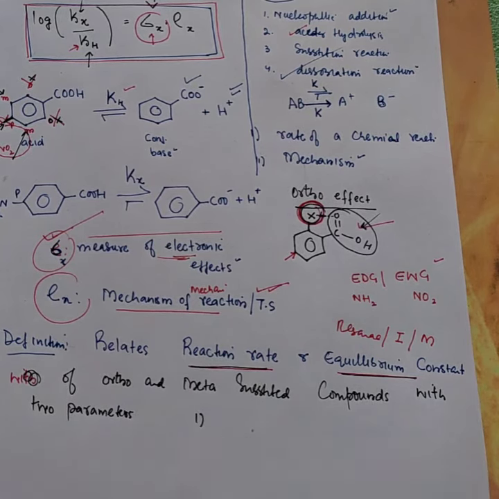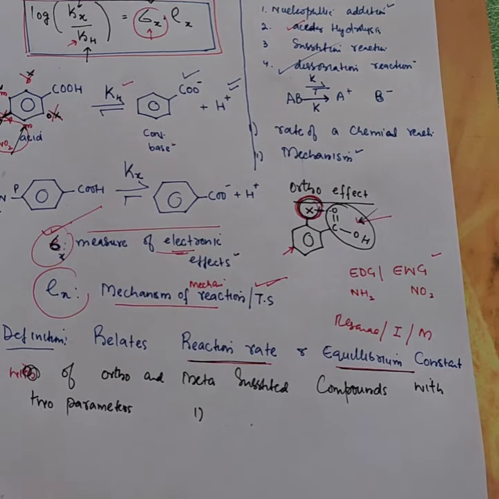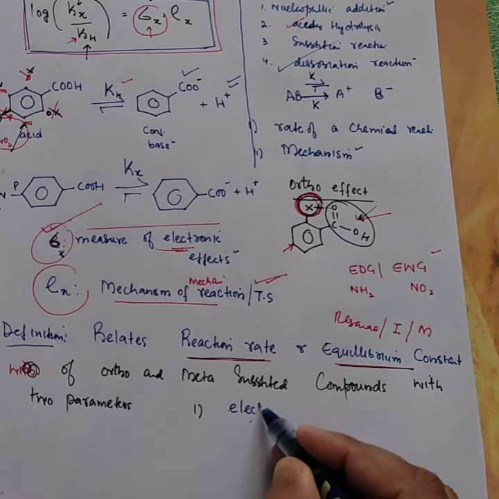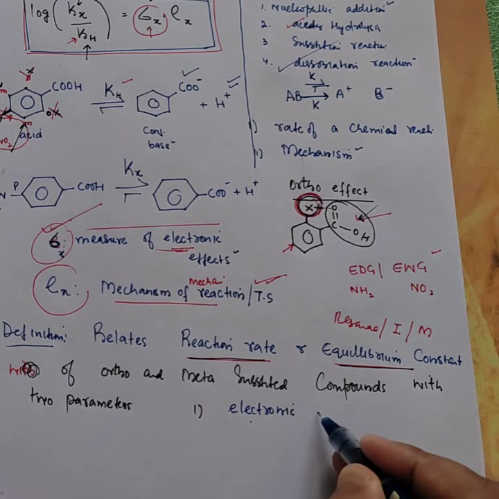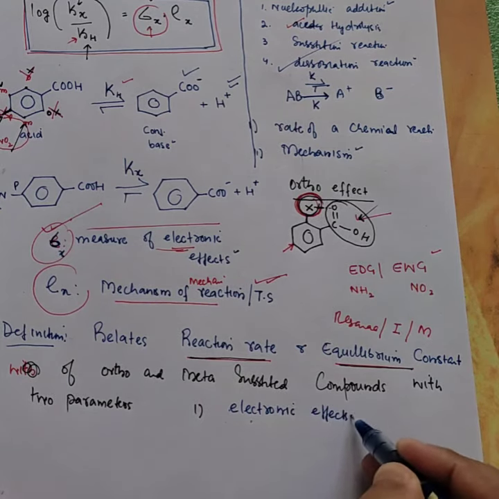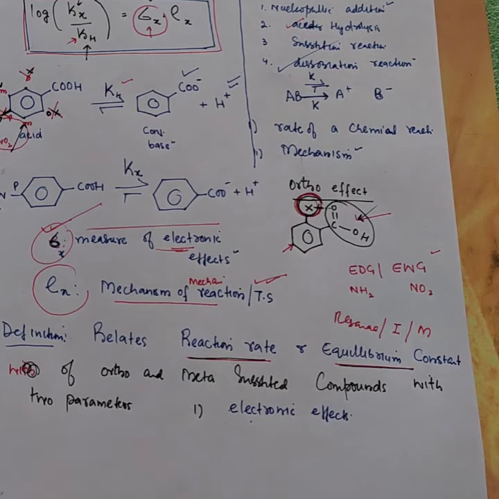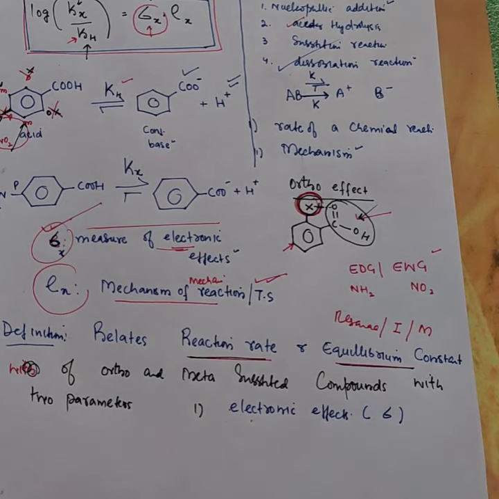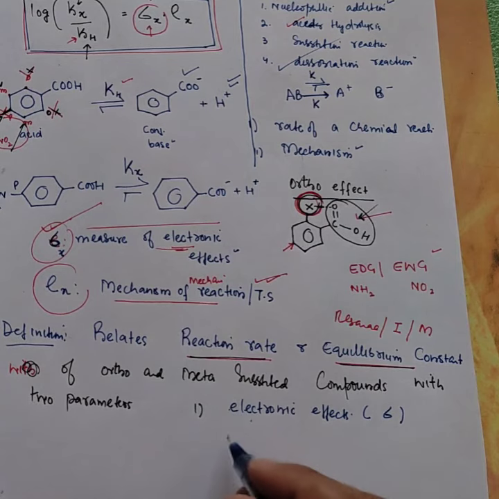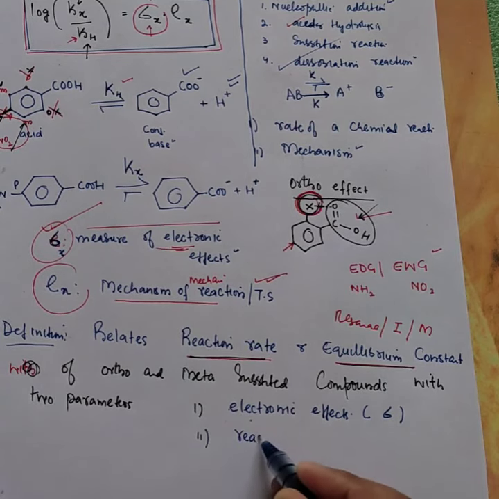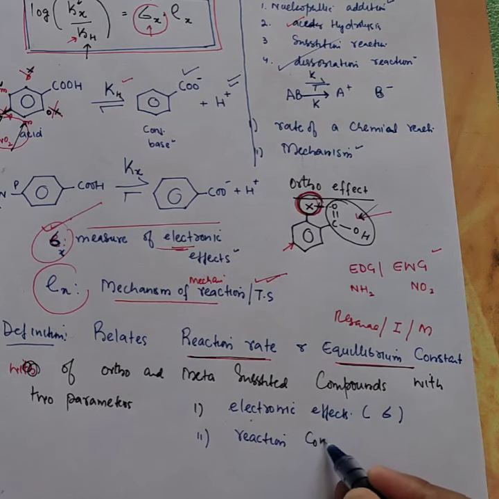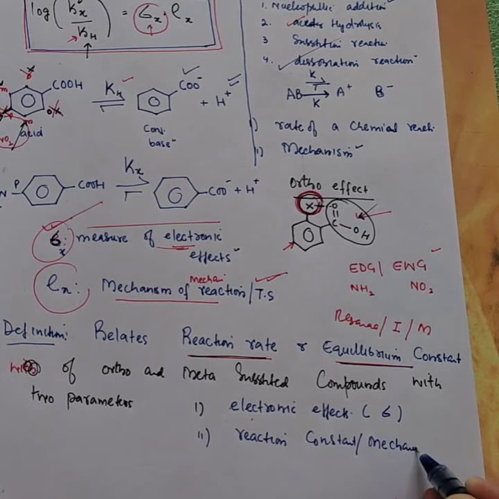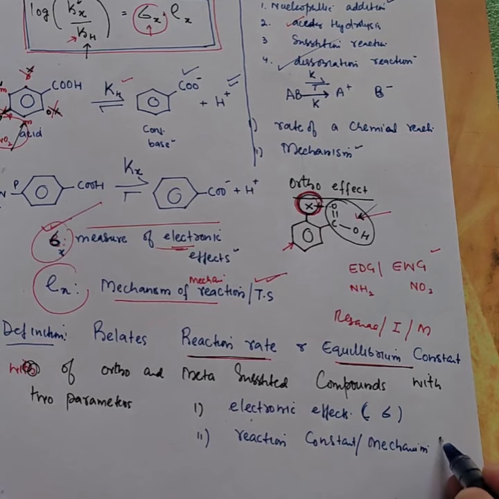Number one parameter, it relates them with the electronic effects, that is your sigma, and it relates them with the reaction constant, or it relates them with the mechanism. That is your rho.